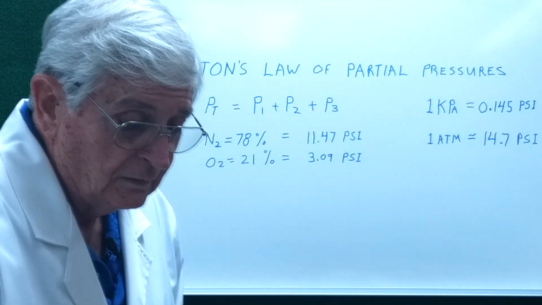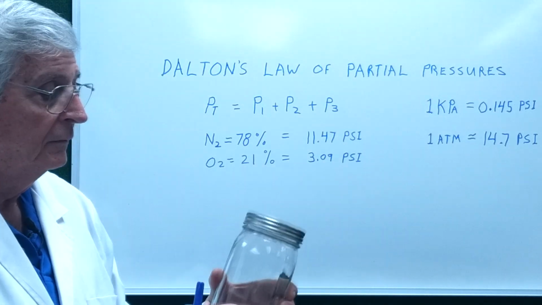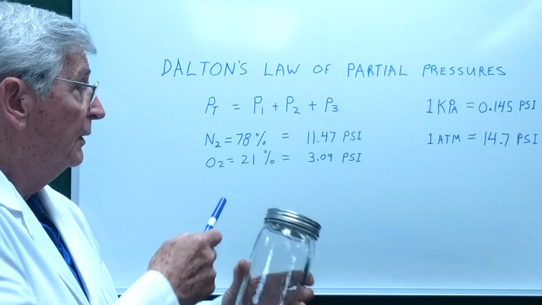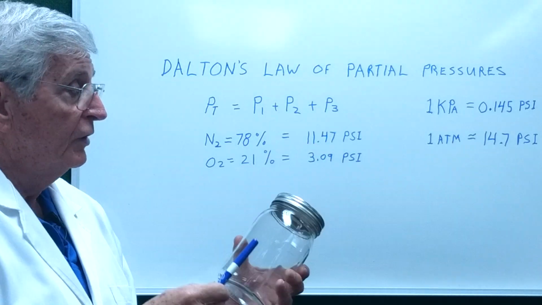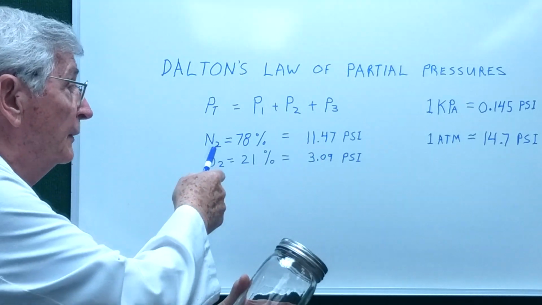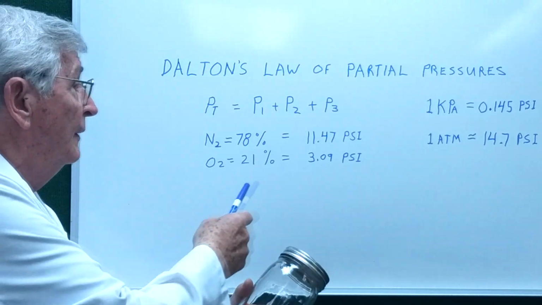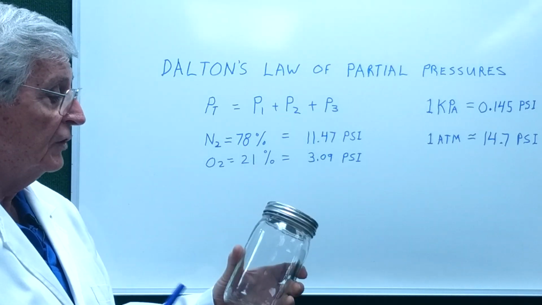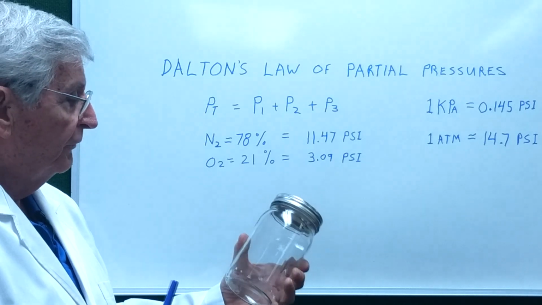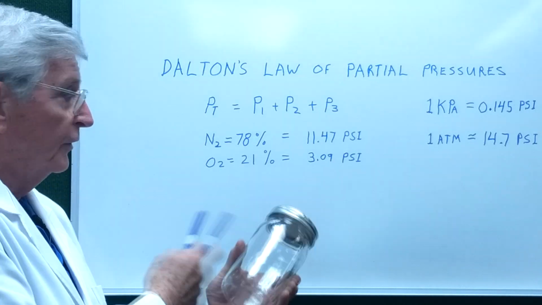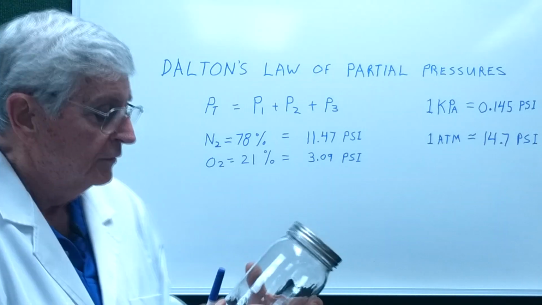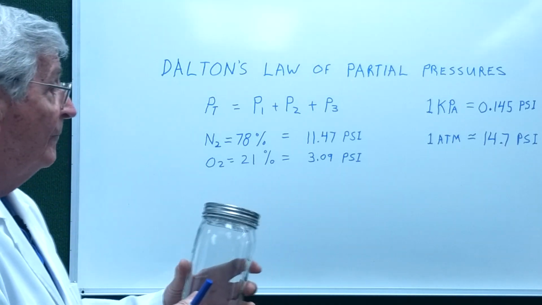So in this container, which is sealed, we have 11.47 psi that comes from the nitrogen and 3 psi that comes from the oxygen. And there are some other gases in there, argon and neon and so forth, carbon dioxide.